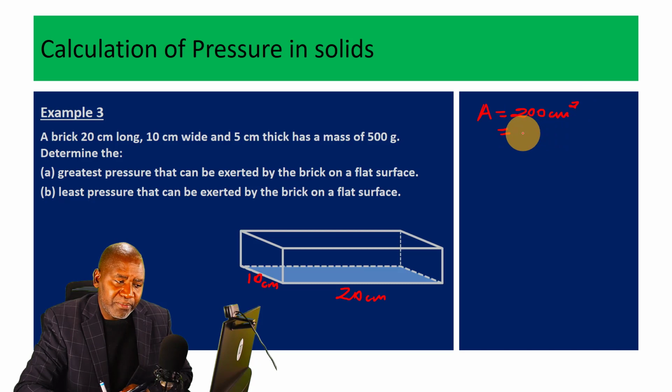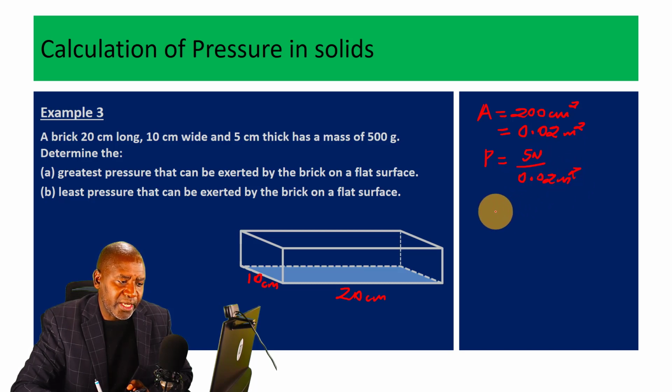When I divide this one by 10,000, I get 0.02 meters squared, and therefore the pressure will be equal to the force, which is 5 newtons divided by 0.02 meters squared.